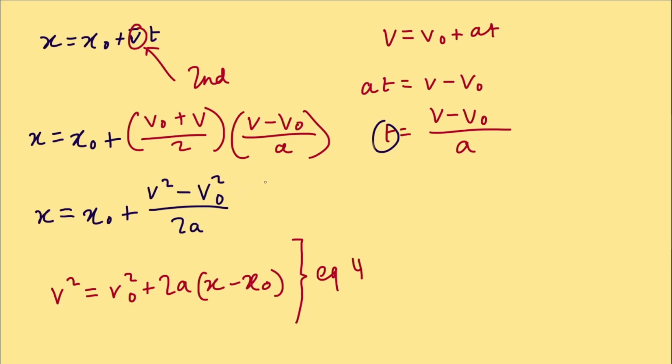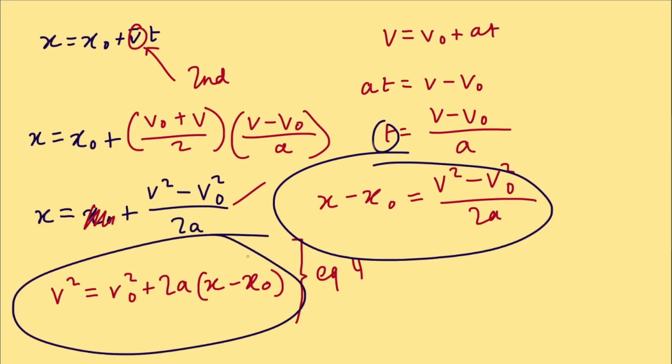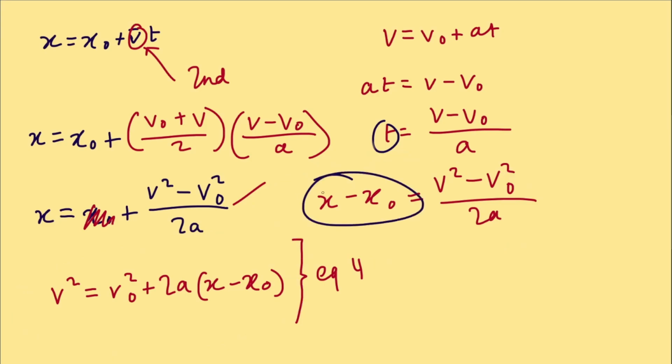Now, really quickly, take a look at this equation. Let's subtract x0 from both sides. This becomes x minus x0 equals (v squared minus v0 squared) over 2a. This right here is a variation of this equation. However, it finds displacement instead of velocity.